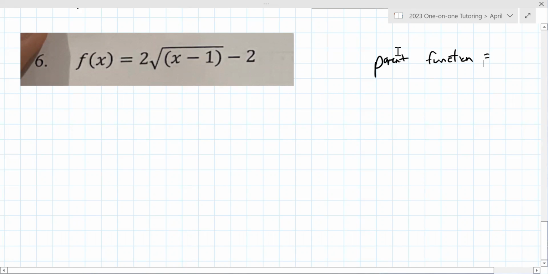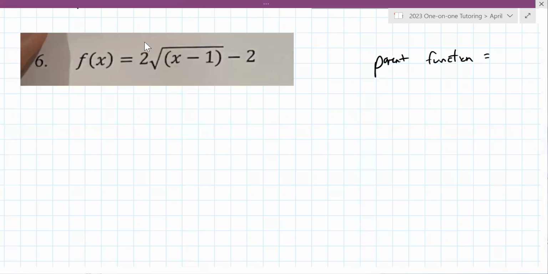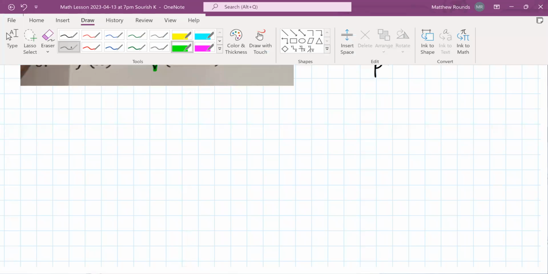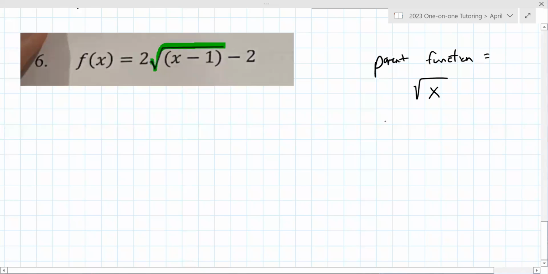X squared. It's not, I just said it's not an x squared. Do you remember what this symbol here means? Is it like a division symbol? It is not. It is the square root function. Square root of X, right?